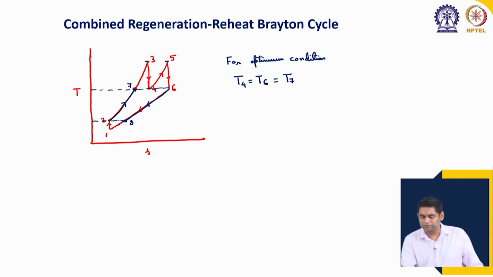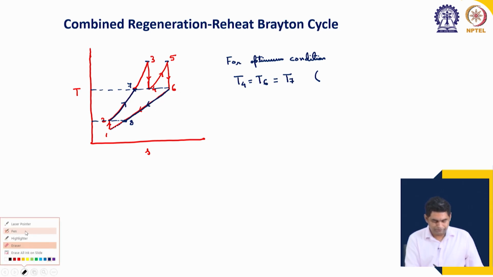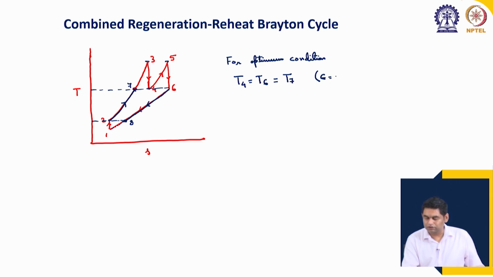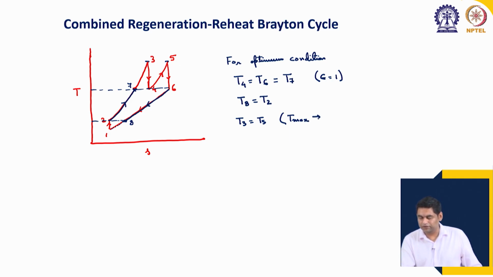T 7 should be equal to T 6 because we are taking the effectiveness epsilon to be equal to 1. Similarly, T 8 also should be equal to T 2, and we also know that in general T 3 is equal to T 5, because this is the maximum temperature, which is also known as the turbine inlet temperature, the maximum temperature sustained by the turbine. So, it is a design parameter known as turbine inlet temperature.